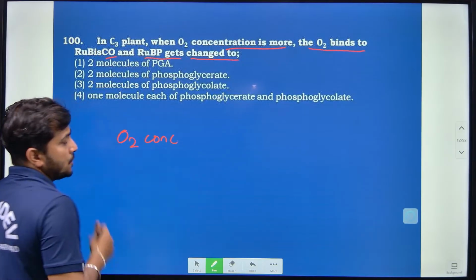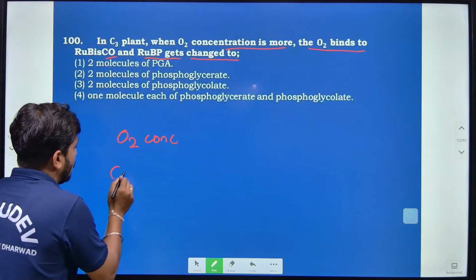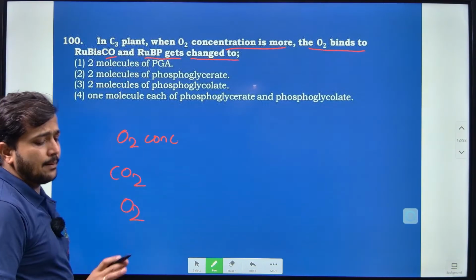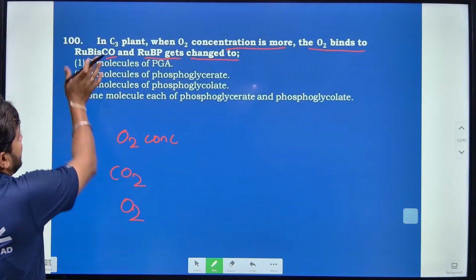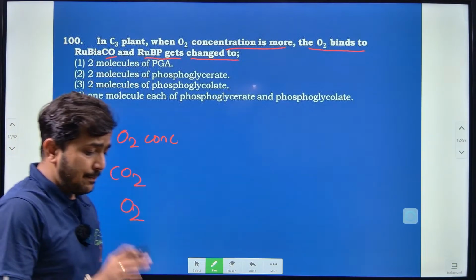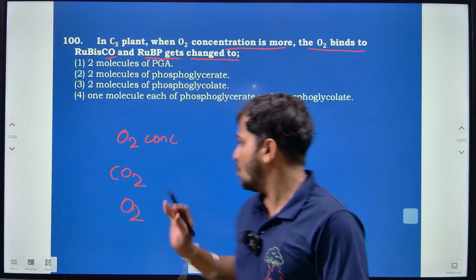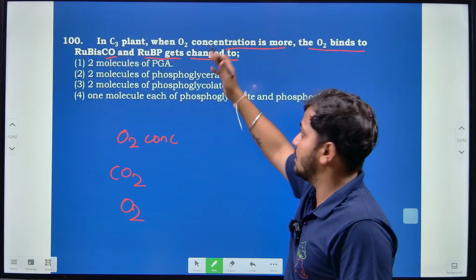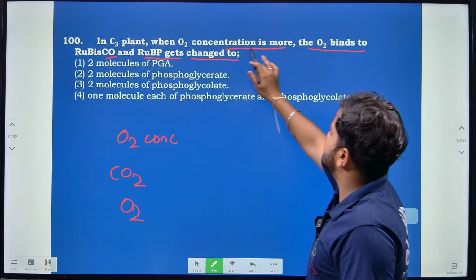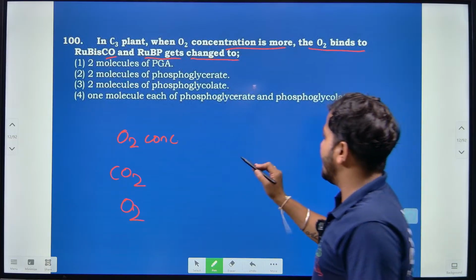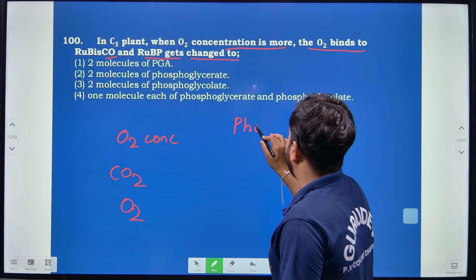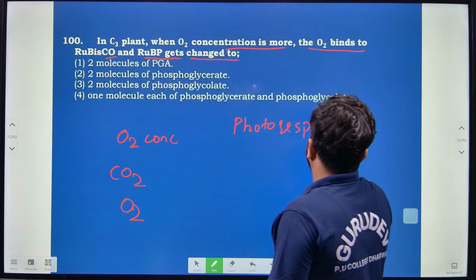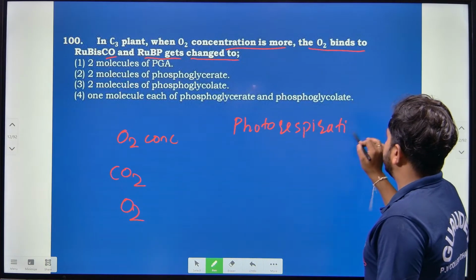You should remember that CO2 and oxygen can both be taken up by RuBisCO, and RuBisCO is highly sensitive to oxygen. When the concentration of oxygen is more, definitely it can carry out photorespiration, right? It can carry out photorespiration.